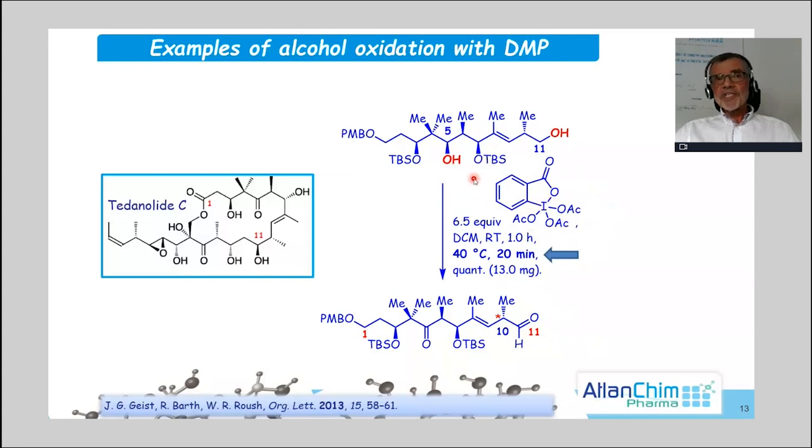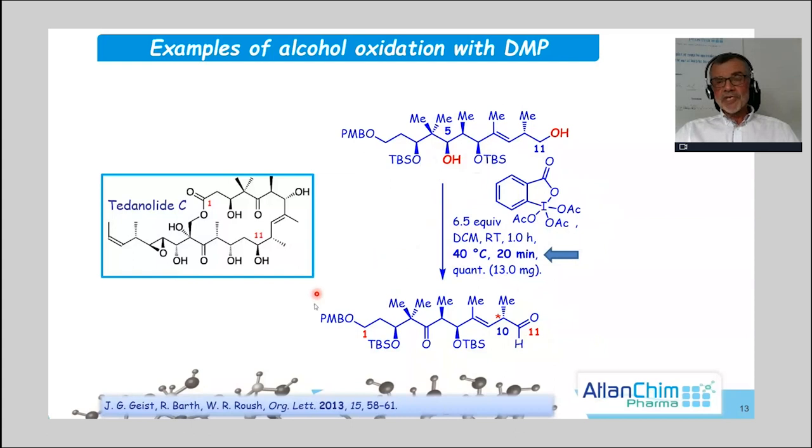However, complete oxidation could not be achieved even by using 6.5 equivalents of the Dess-Martin reagent when the reaction was performed at room temperature. The reaction had to be gently heated to 40 degrees for 20 minutes to achieve a complete oxidation of the C5 alcohol.